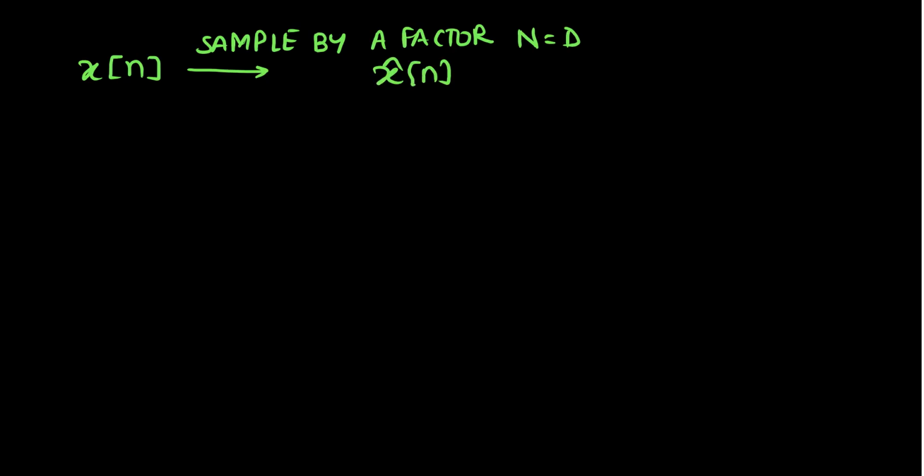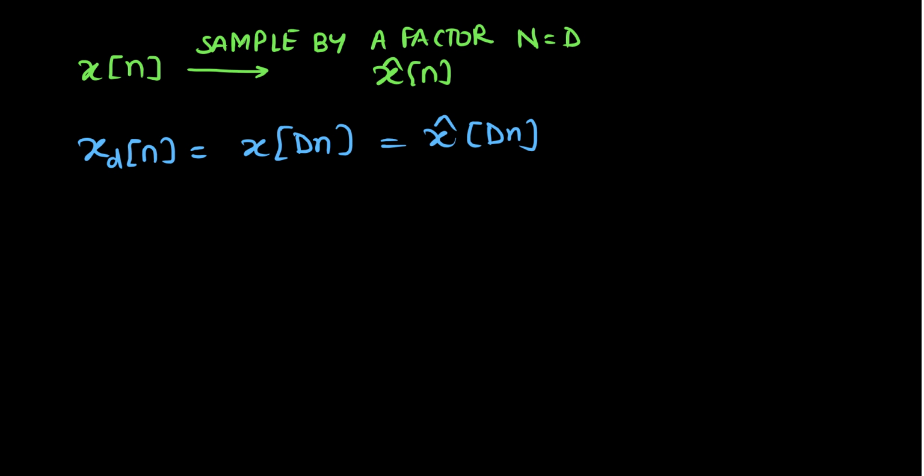If we perform decimation of both of them, then xt of n is equal to x of dn, which is equal to x hat of dn. The point to be noted is that the sampling factor as well as the decimation factor is considered to be the same in this case. So this is what happens in the time domain.